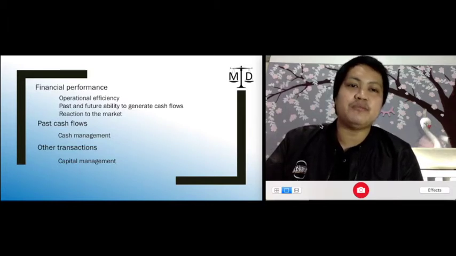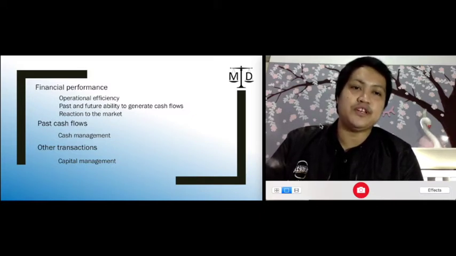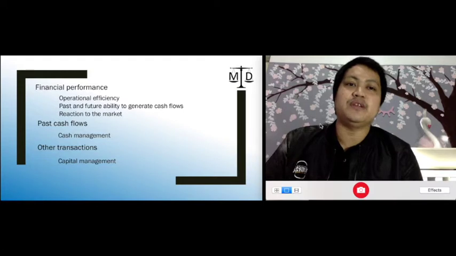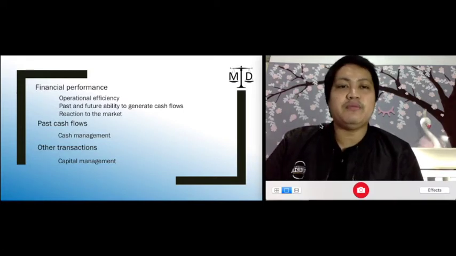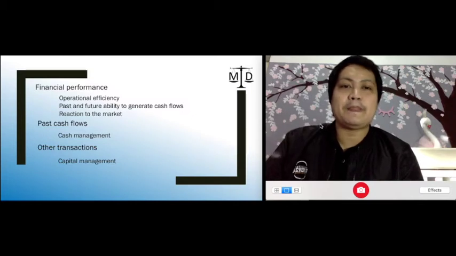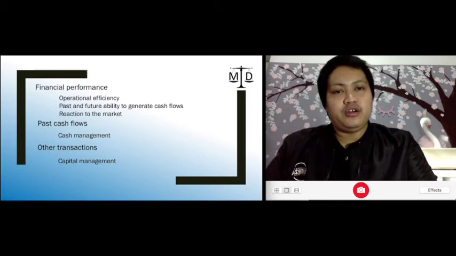And aside from financial performance, changes in our assets and liabilities may be caused by other transactions such as the issuance of additional debt or equity instruments. And from this information, we will be able to make an assessment on the entity's capital management. So that would be the end of chapter 1.